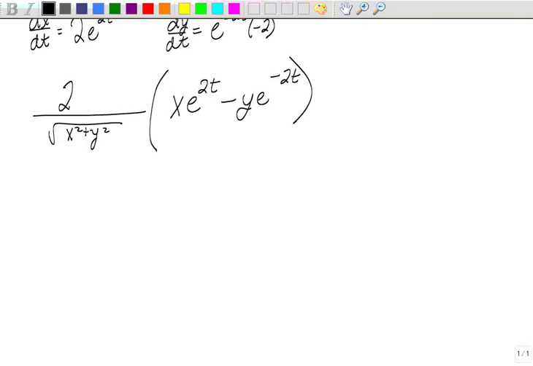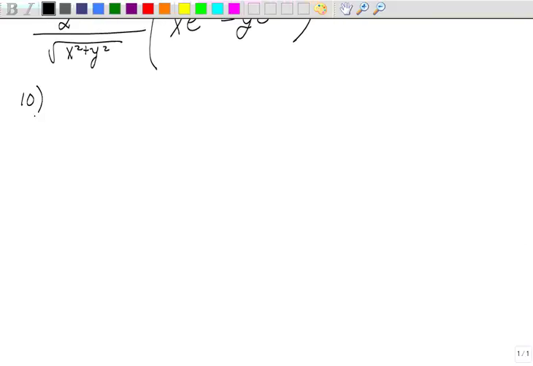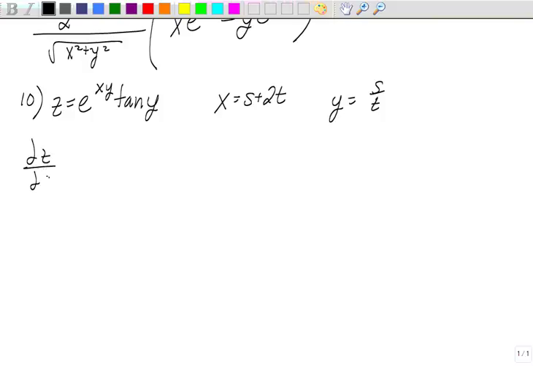Okay, 10. Okay, we want to find the partial of z with respect to s.